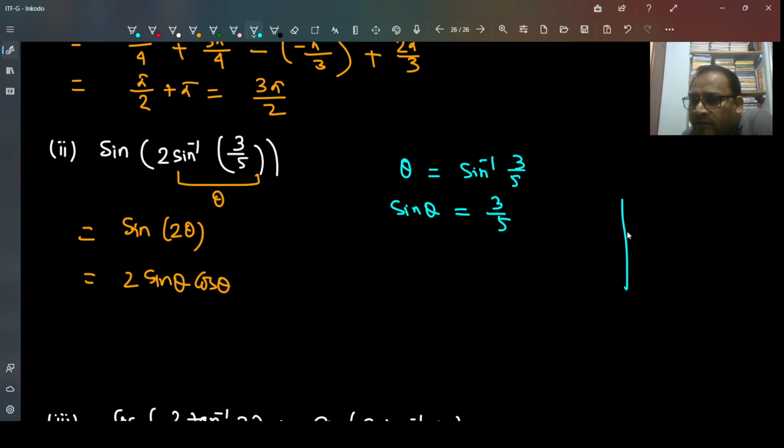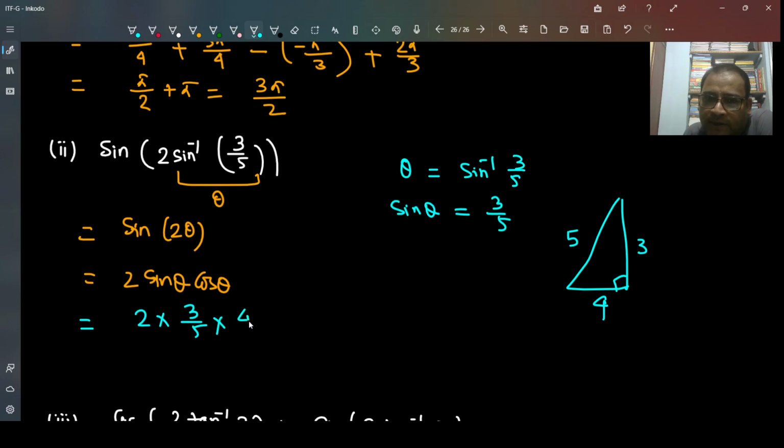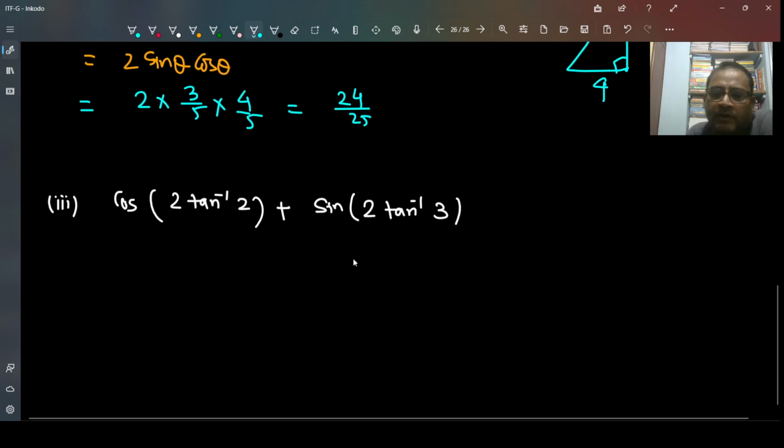For this angle, we draw a right angle triangle whose perpendicular is 3, hypotenuse is 5, and the base is 4. Now put 2, sine theta 3 by 5 and cos theta 4 by 5. So 3 into 4 is 12, 12 into 2, 24 by 25. I hope all of you are clear on this one.